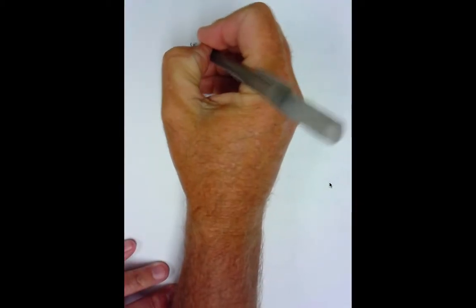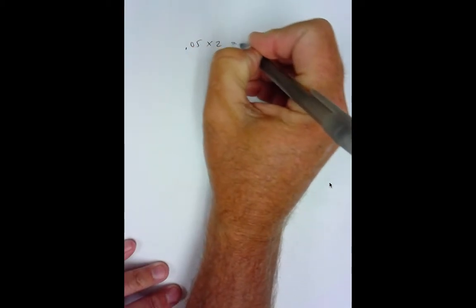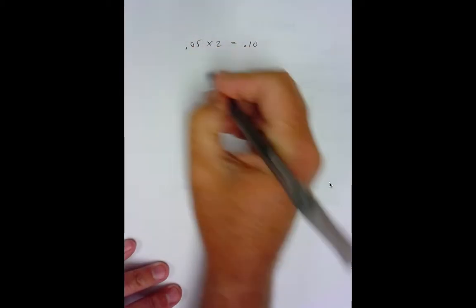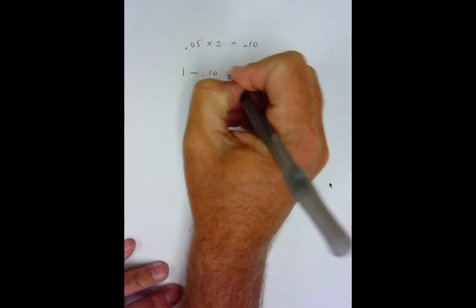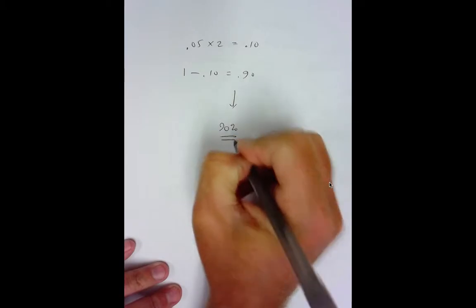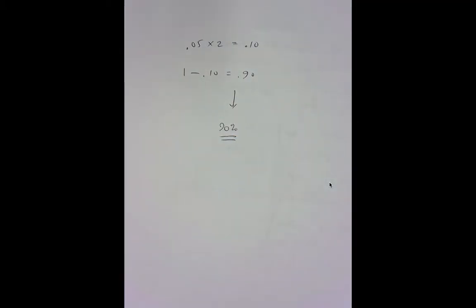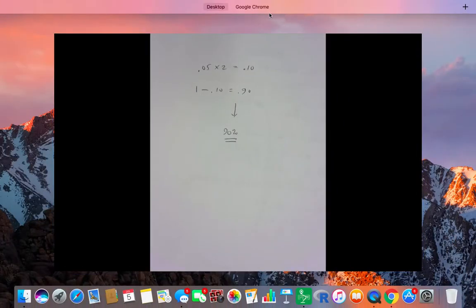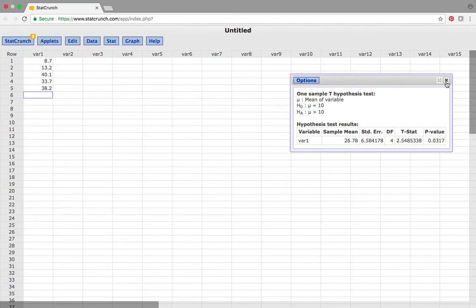So the 0.05 multiplied by 2 is 0.10. 1 minus 0.10 is 0.9. So you would need to calculate a 90% confidence interval to get the interval and the hypothesis test to agree. Now, hope that didn't go over your head.